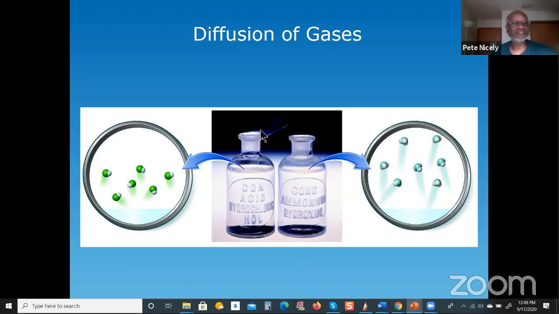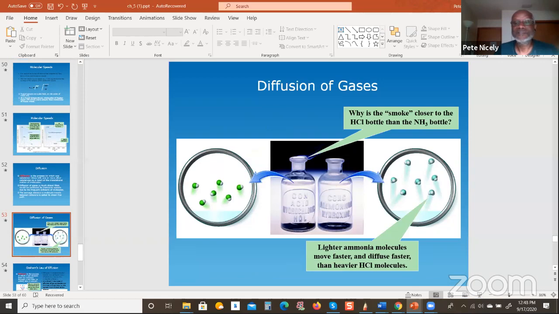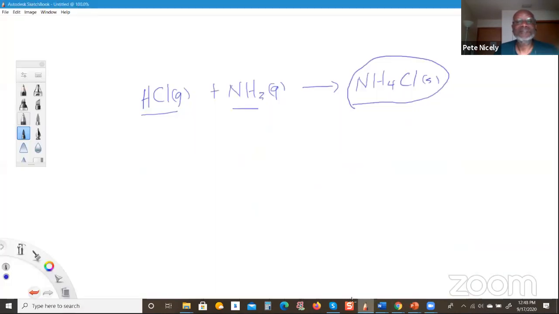I remember when I was in high school, my high school chemistry teacher did a little experiment. Let me try to describe it for you. He had a tube. Please forgive my lack of artistic skills, but I'll try to explain what's happening here. He had a tube, right?